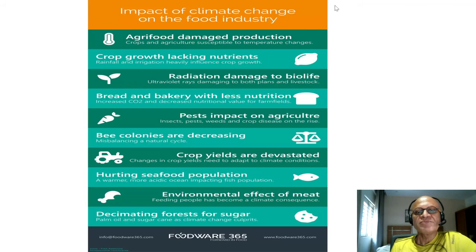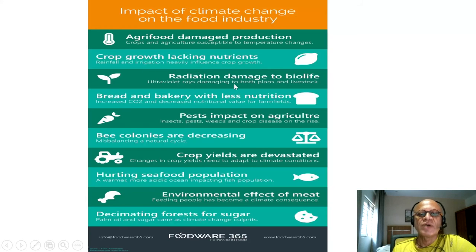So broadly speaking, the impact of climate change on the food industry can be seen here from the Foodware 365 website. Agri-food damage production: crop and agriculture are susceptible to temperature changes. Crop growth lacking in nutrients, we will see a little bit more of that. Rainfall and irrigation heavily influence crop growth.